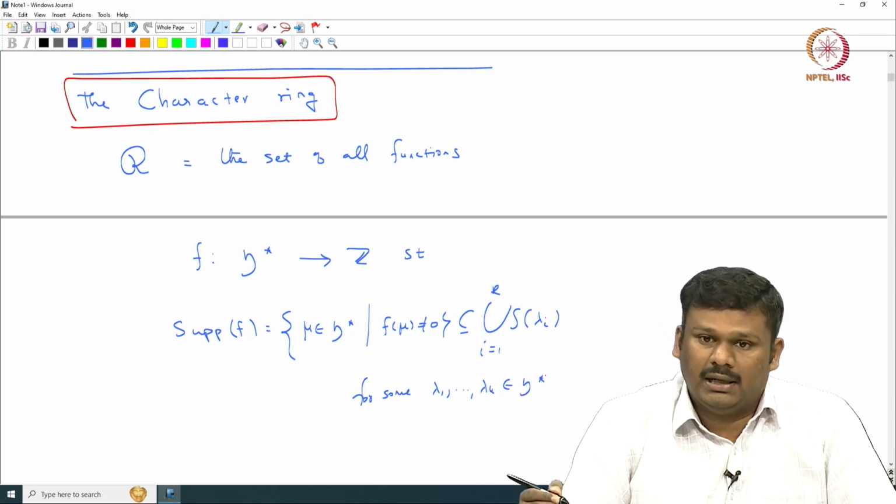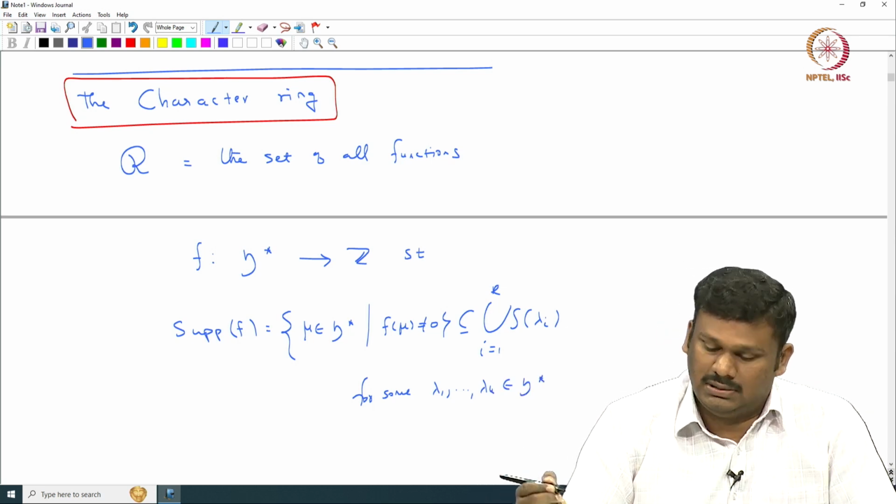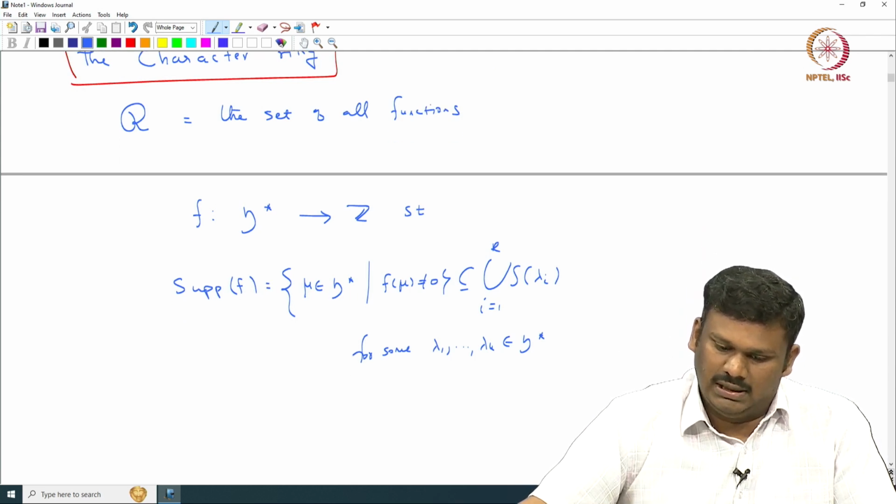Note that S of lambda can be defined for any element of H star. Okay, so such a set we take.